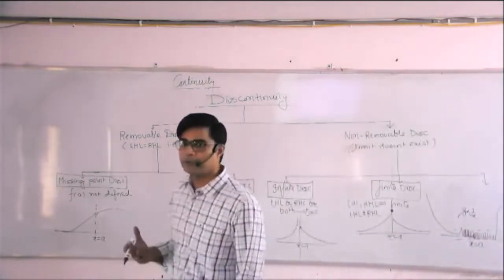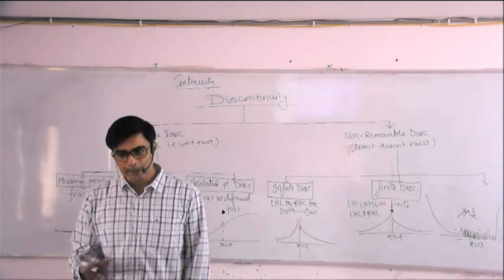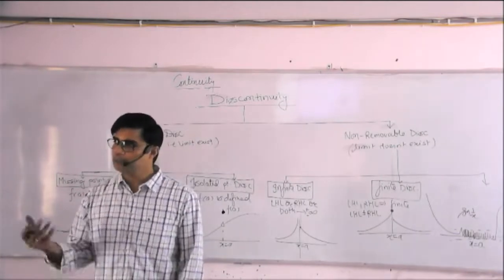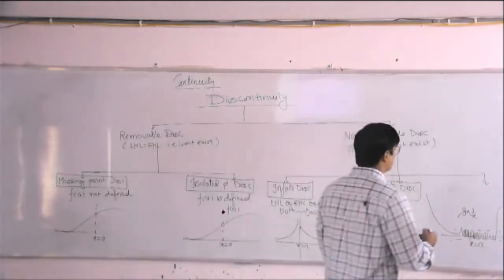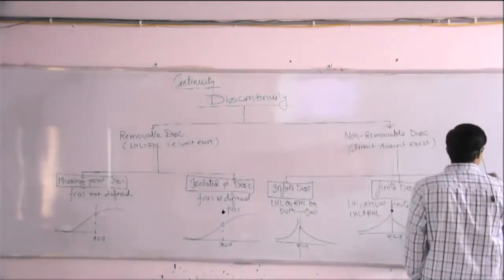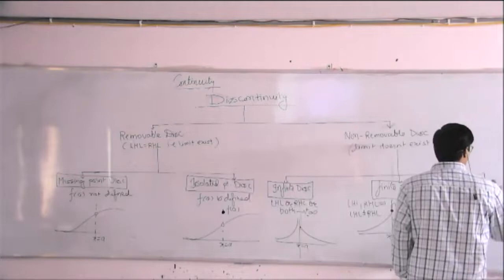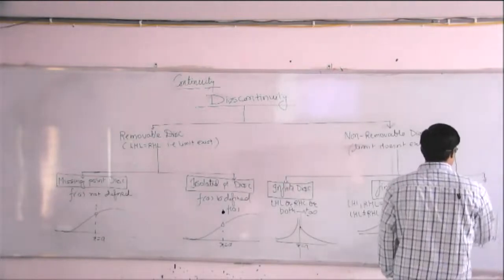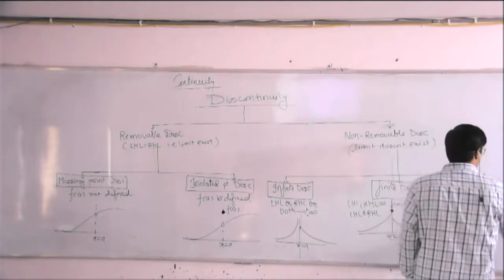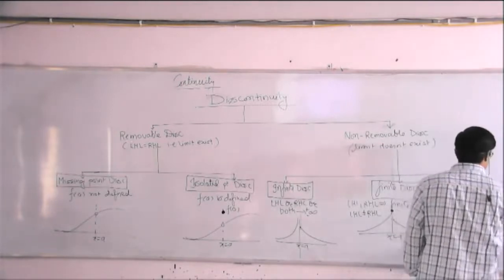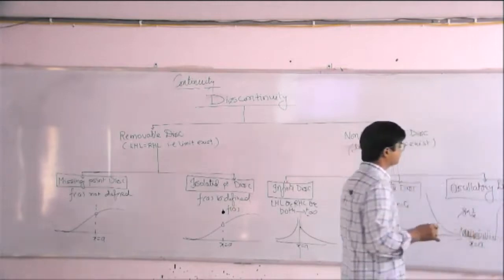But we don't know exactly which value it will approach. Yes or no? It can be anything. It can be minus 1 in between also, plus 1 also. So this kind of discontinuity where we cannot determine which value it will take, it is called oscillatory discontinuity.